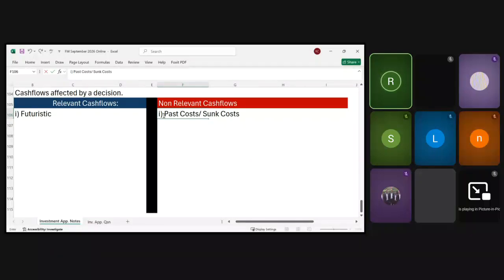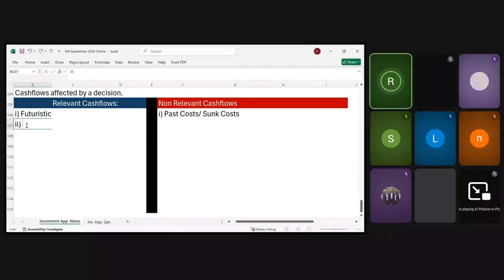The sunk costs are not relevant in decision making. When we are appraising a project, please identify those costs that we've incurred already. We are not going back to yesterday to undo our actions, it is gone. We don't have to consider them anymore.